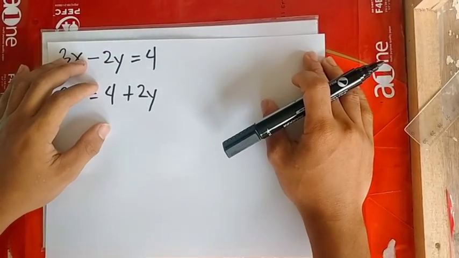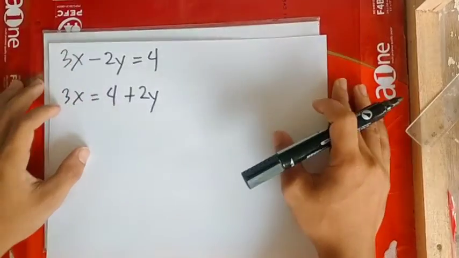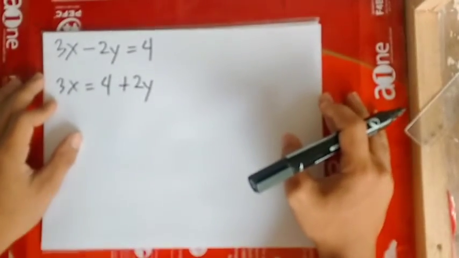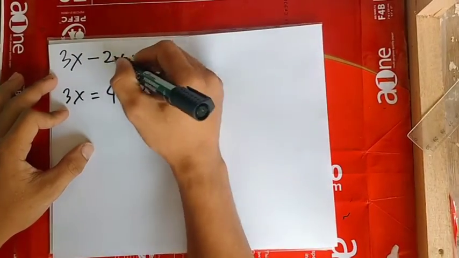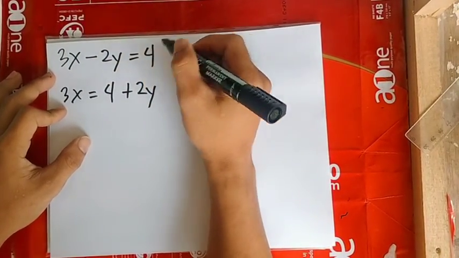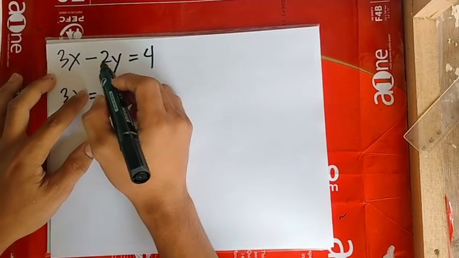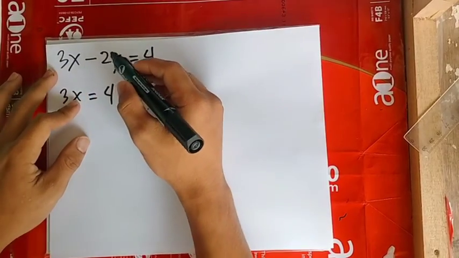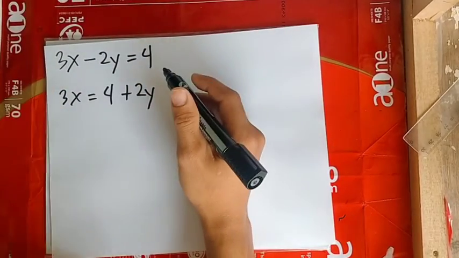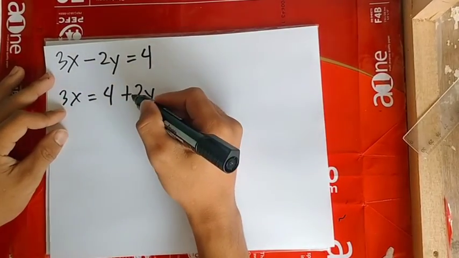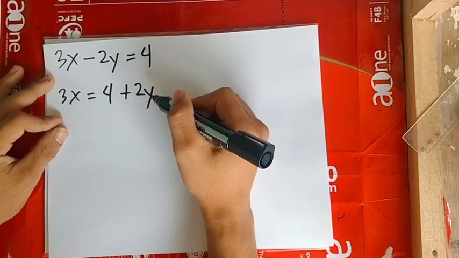According to this substitution method, first we're going to solve one equation for one of the variables. So 3x minus 2y equals 4. So we need to move the negative 2y to the right side. So it will result as 3x equal to 4 plus 2y.